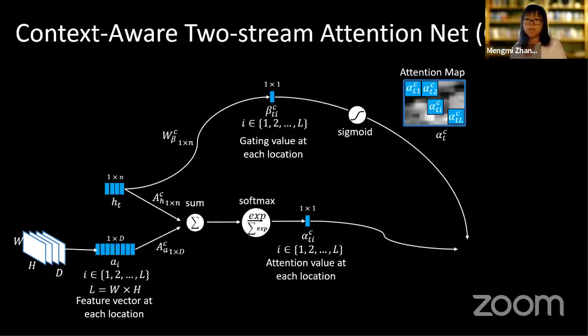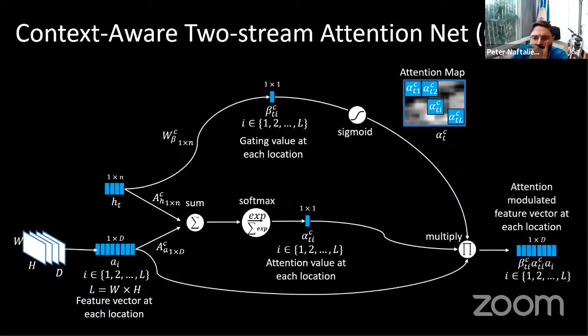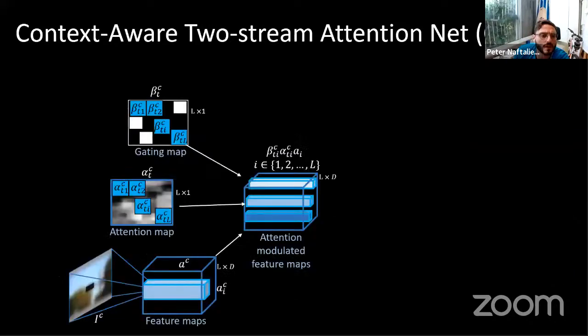Is this a change inside the LSTM layer? No, this is before the LSTM. I'm feeding this attention-modulated feature vector to the LSTM. So the gating values are coming from the history and the weights there.